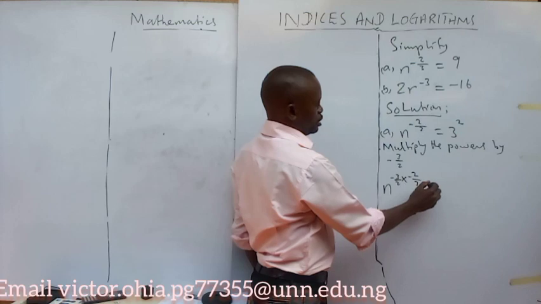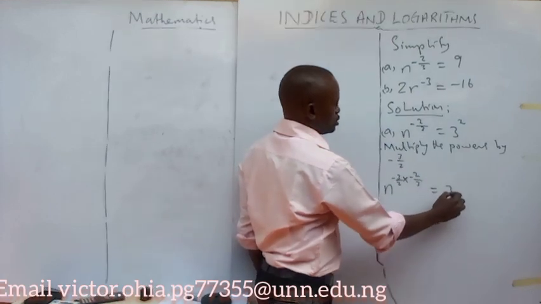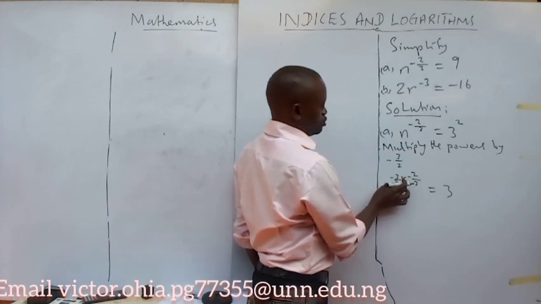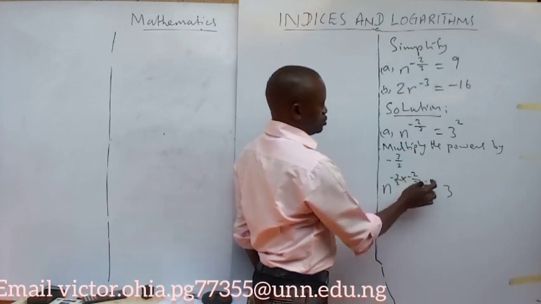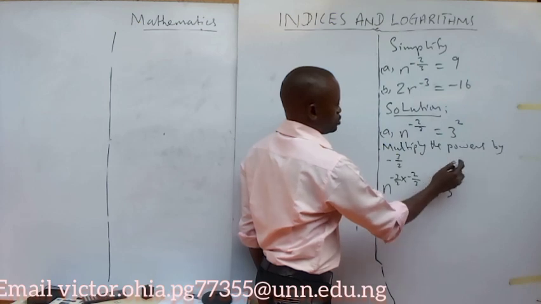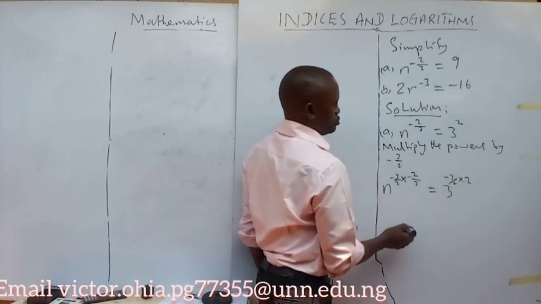Then equals 3, and this minus 3 over 2 will also multiply the existing 2.